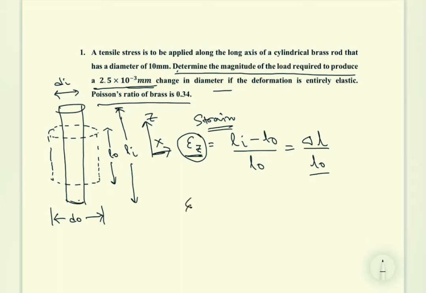Similarly, in the x direction, this is given by d_i minus d naught divided by d naught, so this is del d by d naught. But this is smaller, and that's why it is ultimately negative. One term would always be negative. One will be increasing, another will be decreasing at the expense of the other.